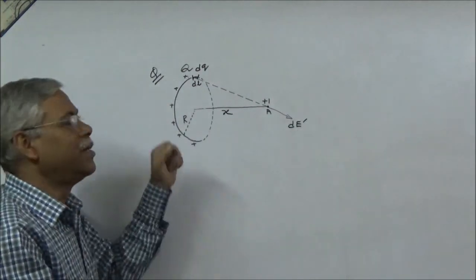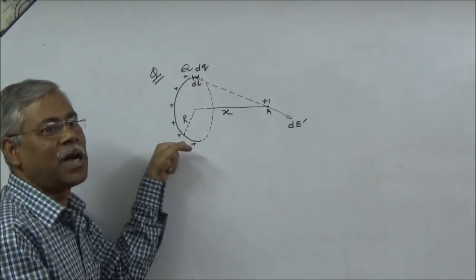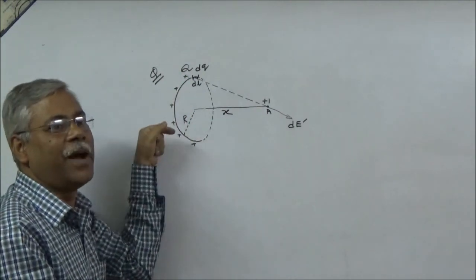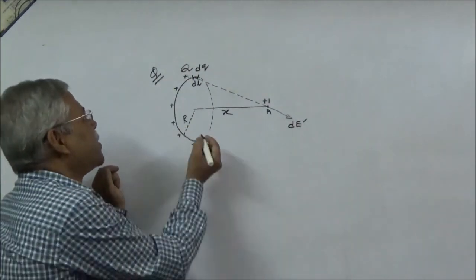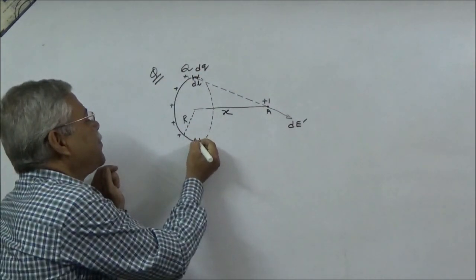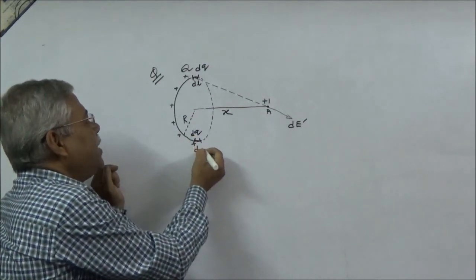Now consider its counterpart. What is the counterpart? Counterpart may be defined as the mirror image. Its mirror image is this. This is also dq, and its length is dl.